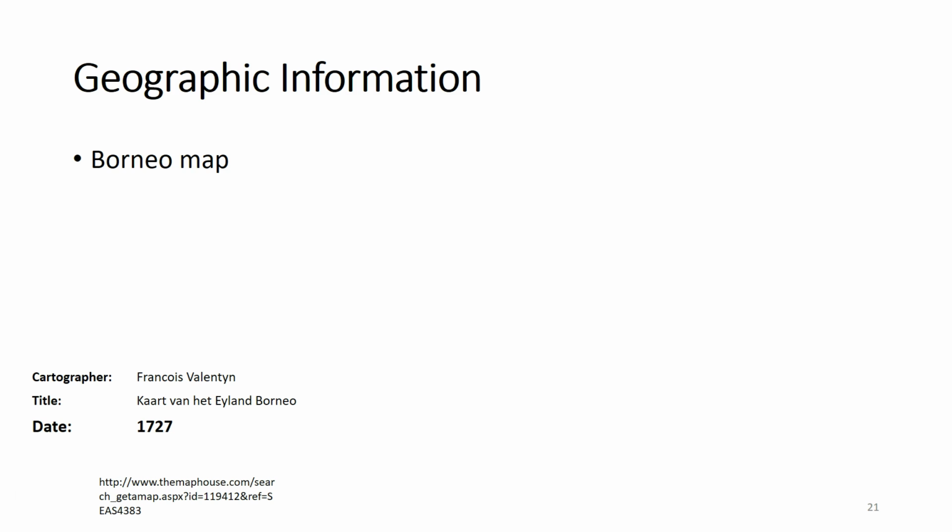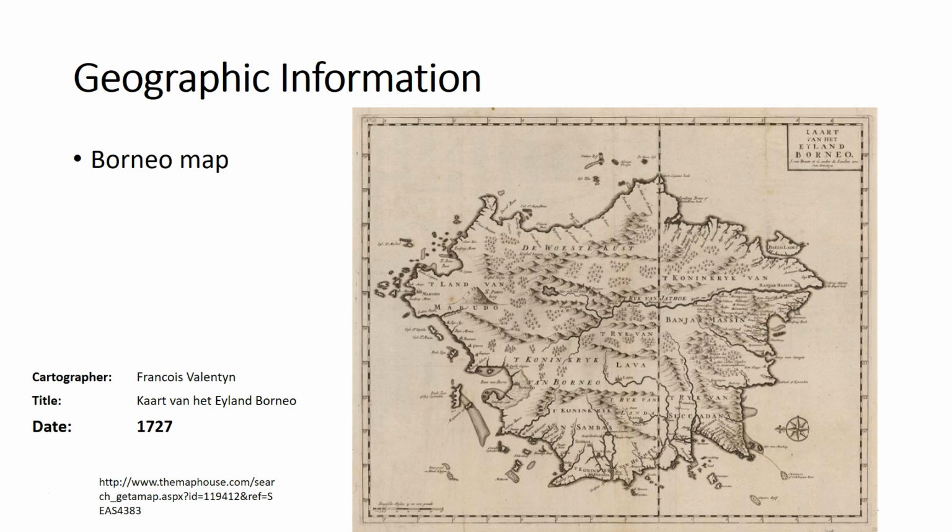About 100 years later, how did the map look? Can you imagine? A bit more detail, right? This is Borneo Island. At least you know it's an island. As long as you do not go to the interior region, you just go around the coast, it's still okay.